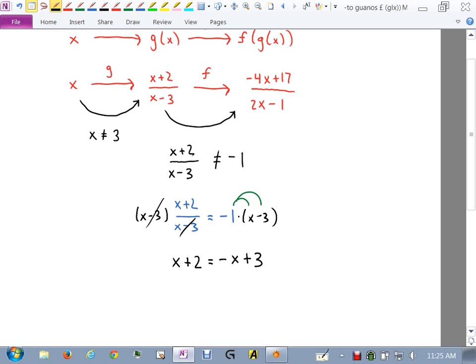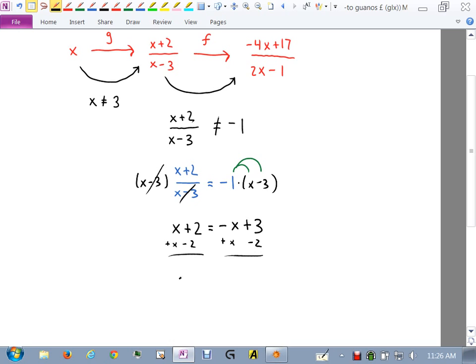Negative x plus 3. This is a linear equation. You're solving for x. Let's move all your x's to one side, all your numbers to the other side. So how about we add x to both sides like this? Subtract 2 from both sides like that. What do we get? 2x, careful, 2x equals 1, so x is a half.